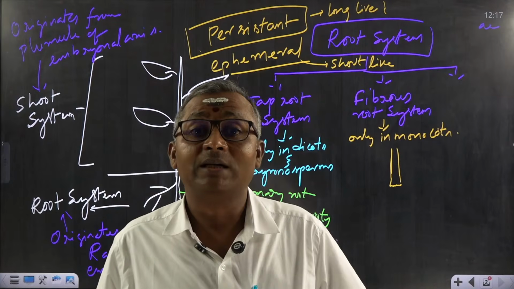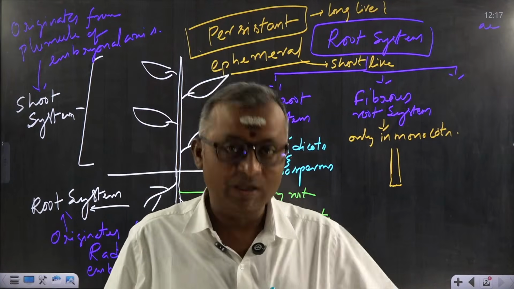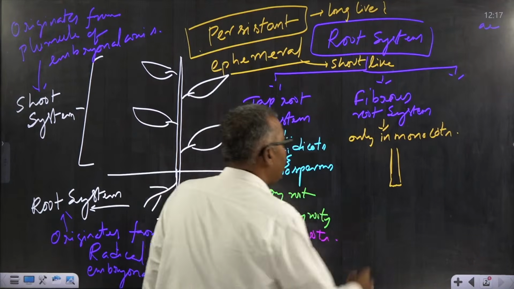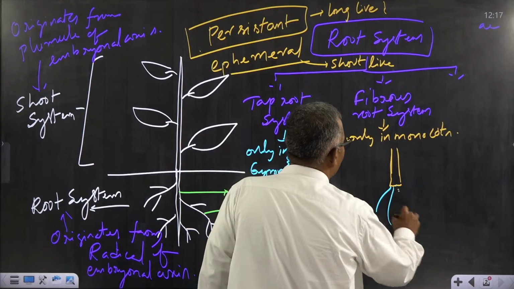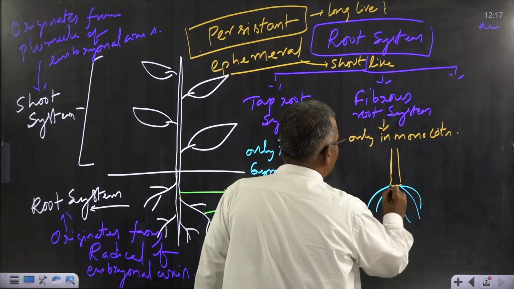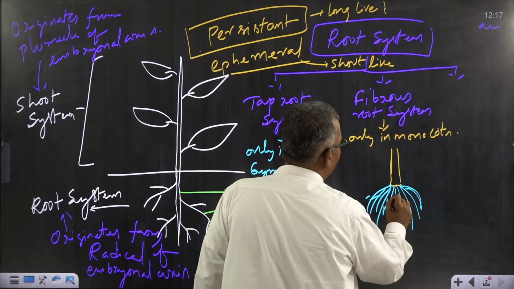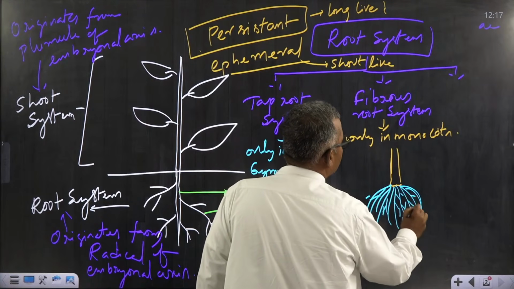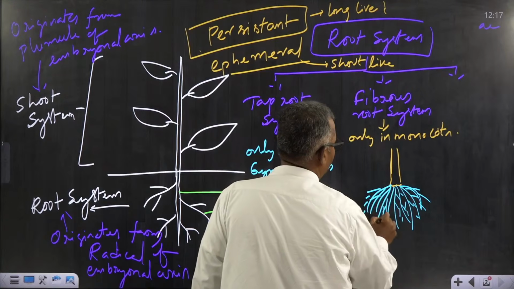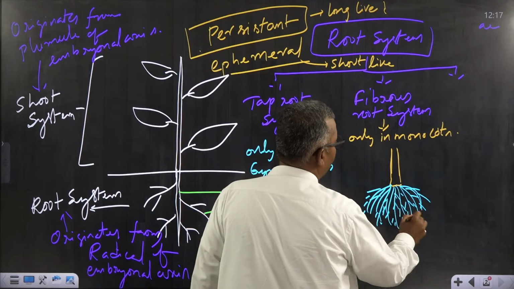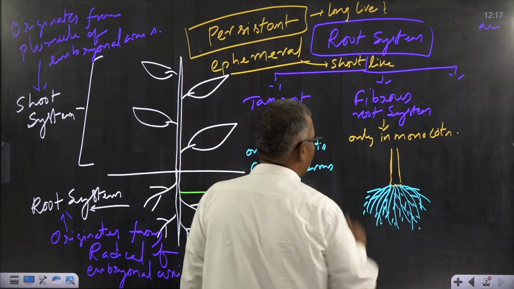Soon after its degeneration or disintegration, many identical fiber-like roots originate from the base of the stem. From where are they forming? From the base of the stem.